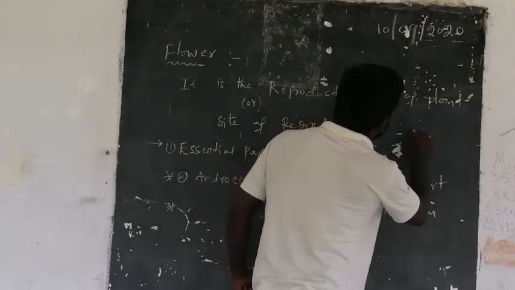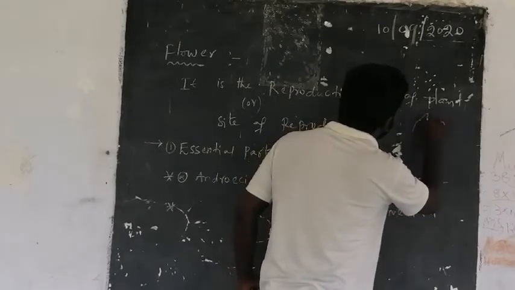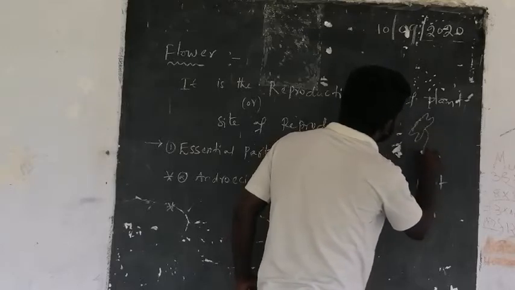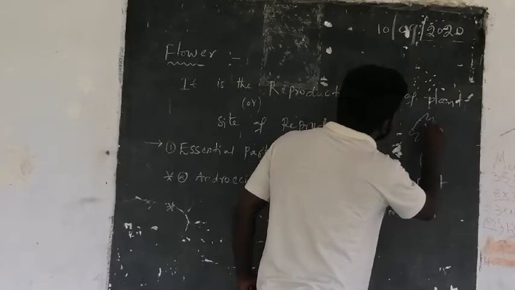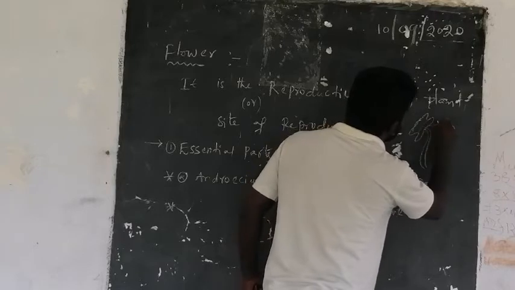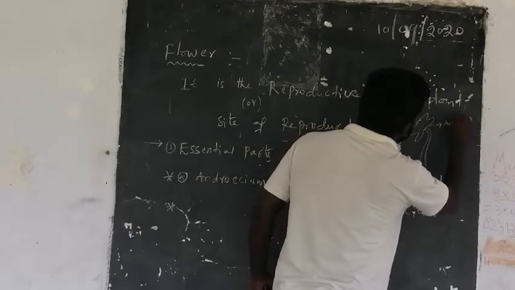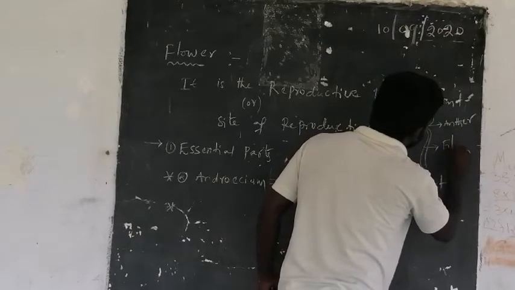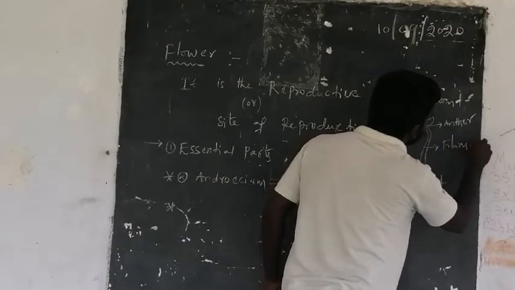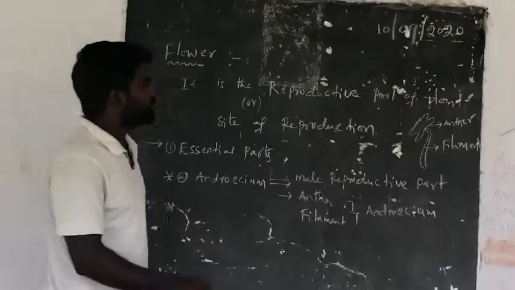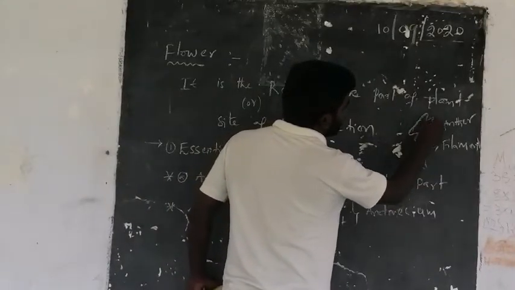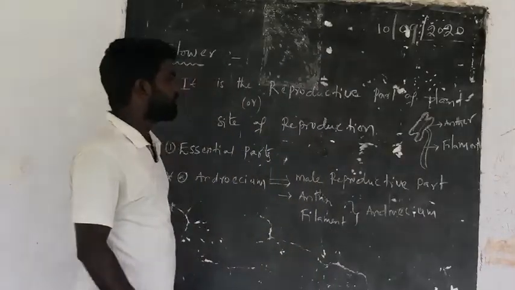Here, for example, this is the anther and this is the filament, and these are the male reproductive part of the flower.